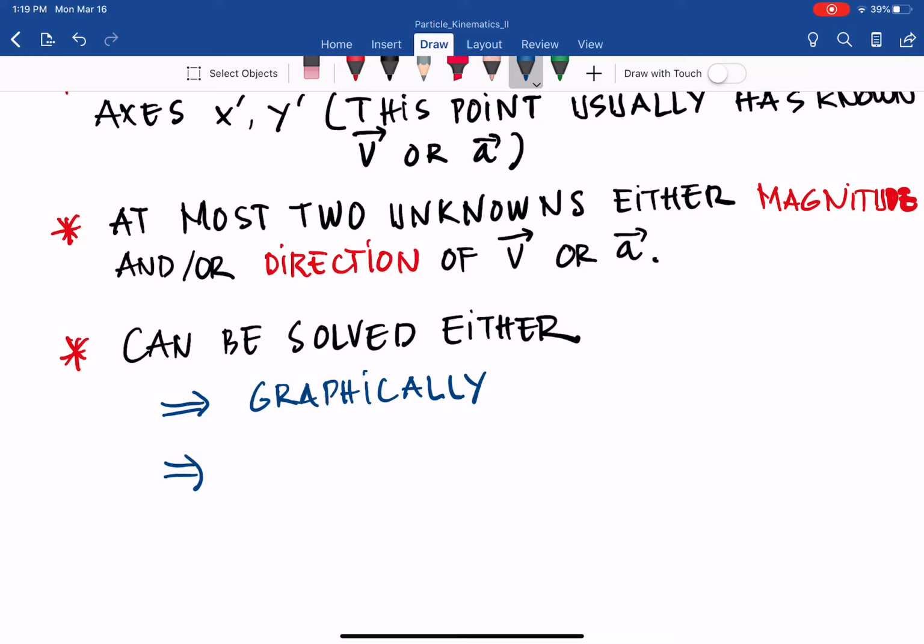The other way, which is the one we are using in this class, is resolving into components, x and y.